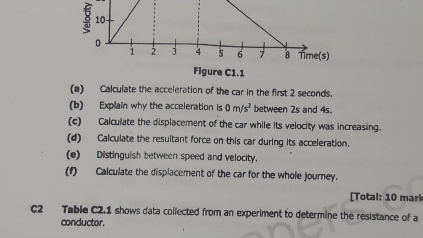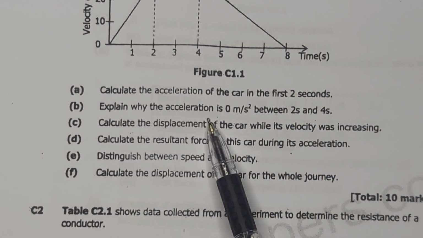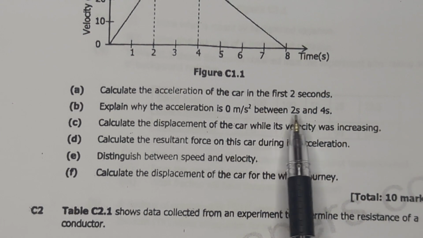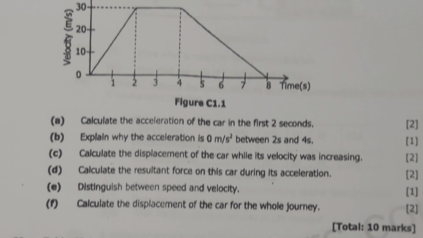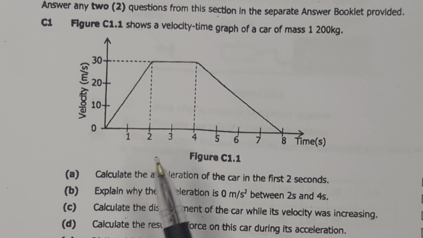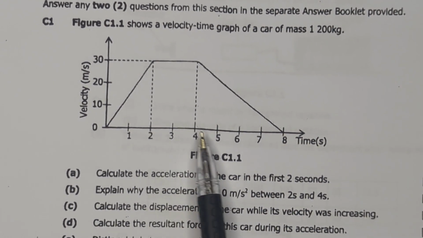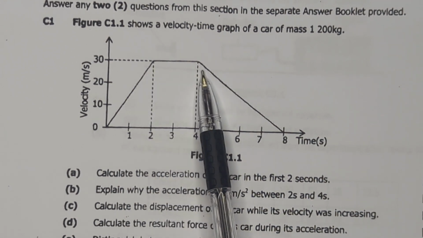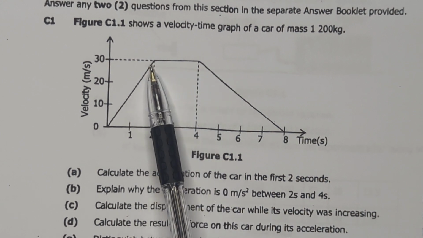The other question, question B, they're saying, explain why the acceleration is 0 meter per second squared between 2 seconds and 4 seconds. So if we check on our diagram here, between 2 and 4, this part here, why is acceleration equal to 0 at this part?